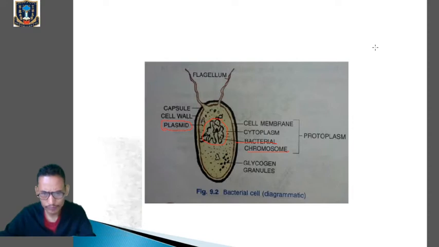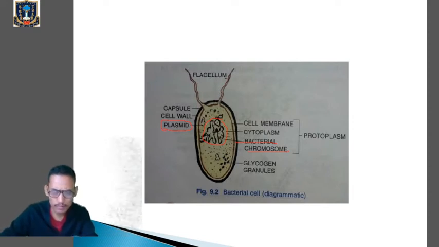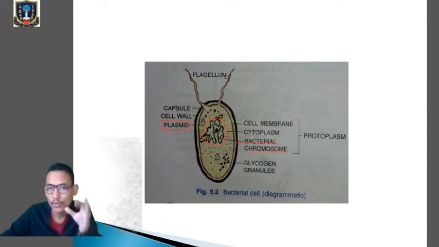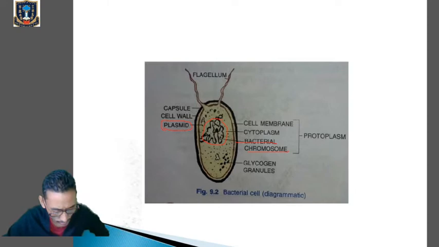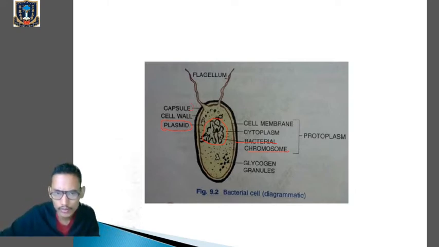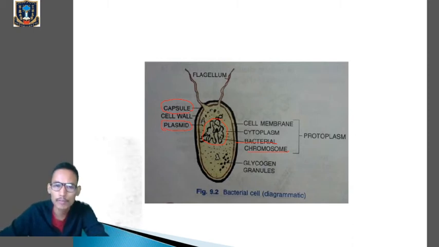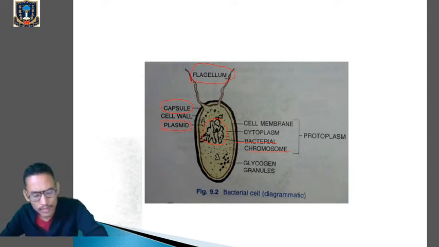The cytoplasmic part contains vacuoles, granules, and in some cases chlorophyll, as in blue-green algae, also called cyanobacteria. In certain bacteria, we find a protective layer, also called the capsule. Bacteria are able to move from one place to another with the help of flagellum or flagella. Clear?